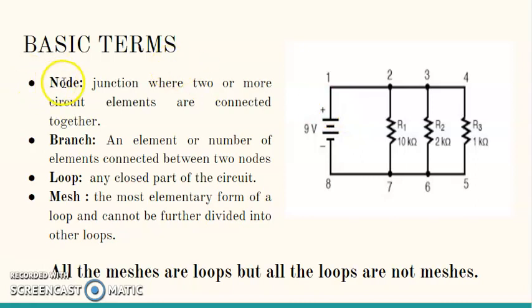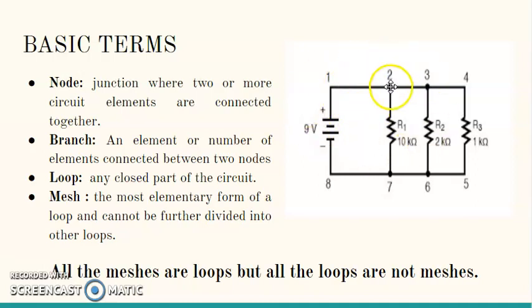First one is node. Now consider this example circuit shown here. In this circuit, the junction or a point wherever two or more circuit elements are connected together can be called a node. So a node is basically a junction point.